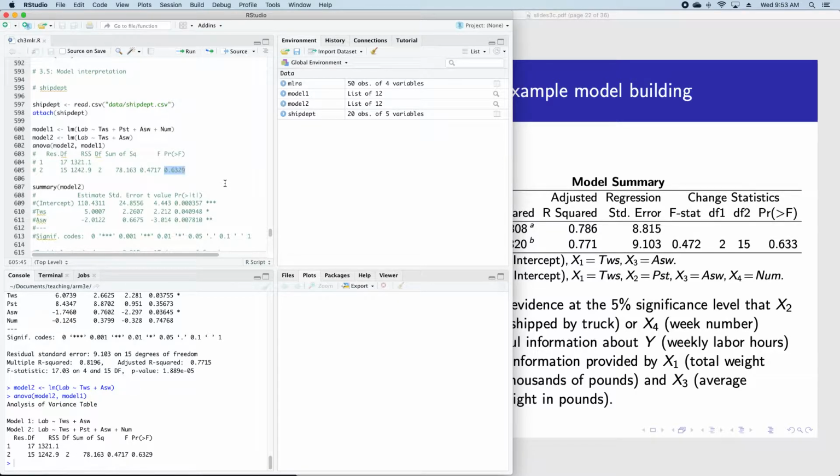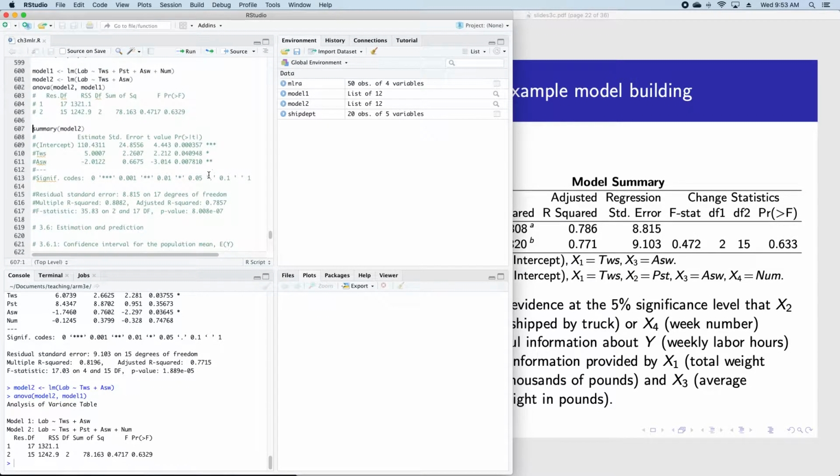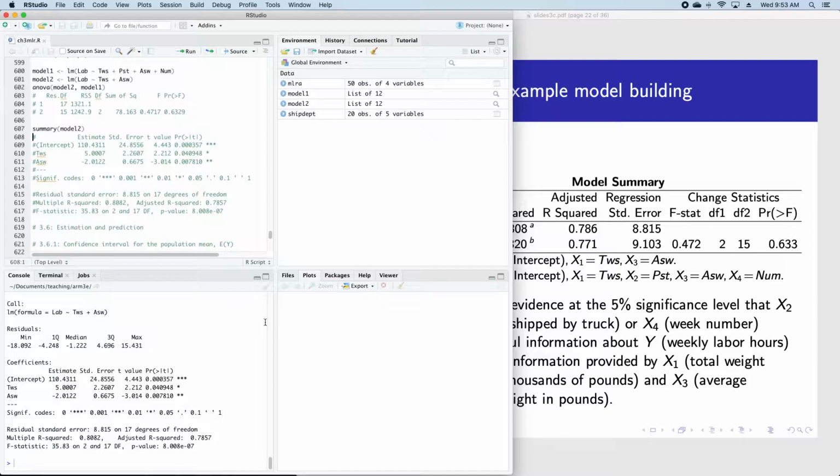So I fail to reject the null hypothesis that says the regression parameters for those 2 additional predictors, PST and num, are 0. And so if indeed those 2 regression parameters are 0, then that implies that those 2 predictors aren't needed in the model, and I'm better off excluding them from the model. And so that's our working model here that we're going to use. It's model 2, and now if I summarize that, this is what I'm going to interpret next.